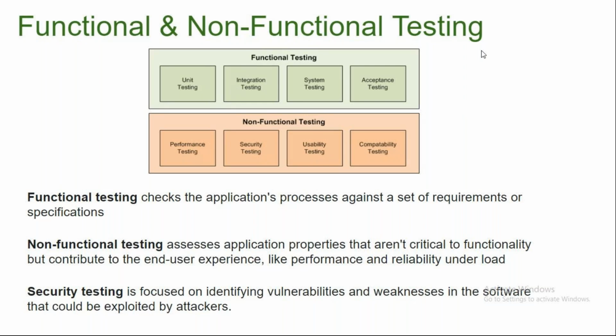Functional testing can be at various levels: the very unit level, a page, a component, a service, the system level, integration testing, acceptance testing. So testing can happen at various levels, but the objective is to validate the feature.